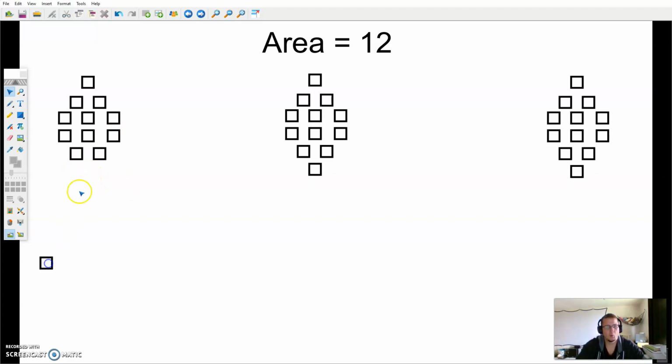So if I just take 1, and then I line that up even, okay, so with those 12, we can start with our factor of 1. So I could build a rectangle that is 1 by 12.